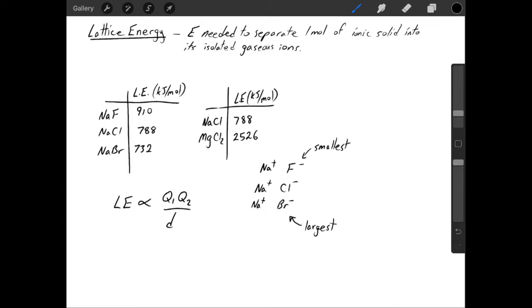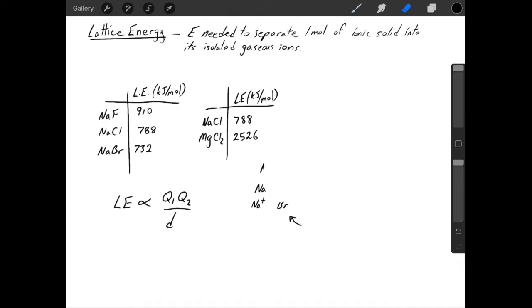And that means that the lattice energy for sodium bromide has to be smallest. In the case of sodium fluoride, you're dividing by a fairly small distance, so you'll have a fairly large lattice energy. In the case of sodium bromide, you're dividing by a fairly large distance, so you'll have a fairly small lattice energy.